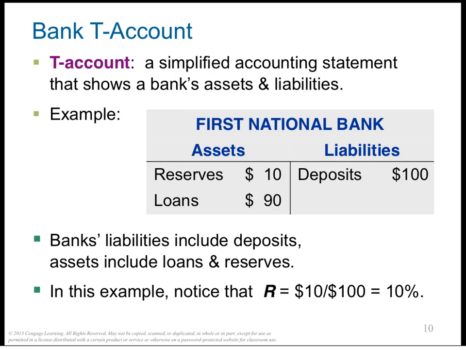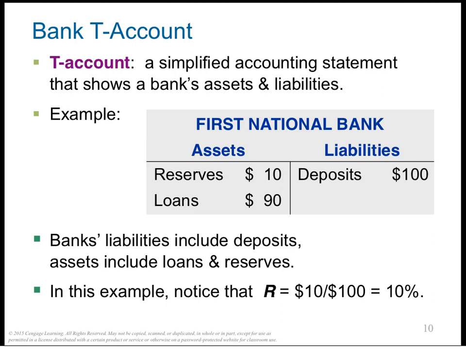Every bank has a T account. What is a T account? Maybe you know it from your accounting classes. It is a simplified accounting statement that shows a bank's assets and liabilities. Here is the T account for First National Bank. In this example, there is a deposit amount of $100.